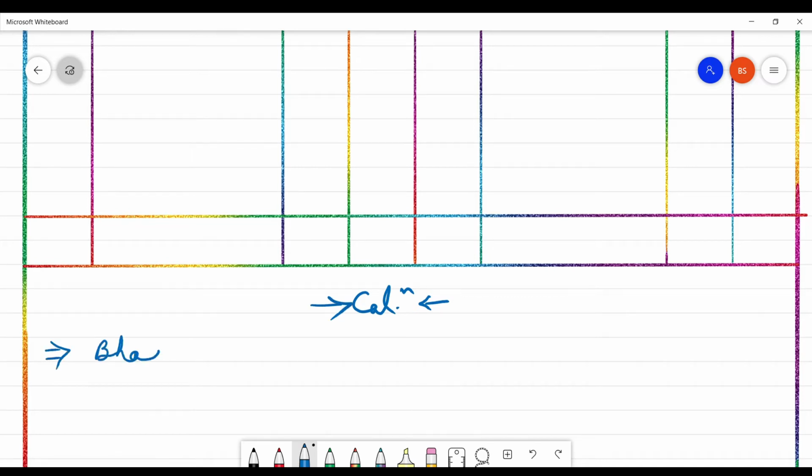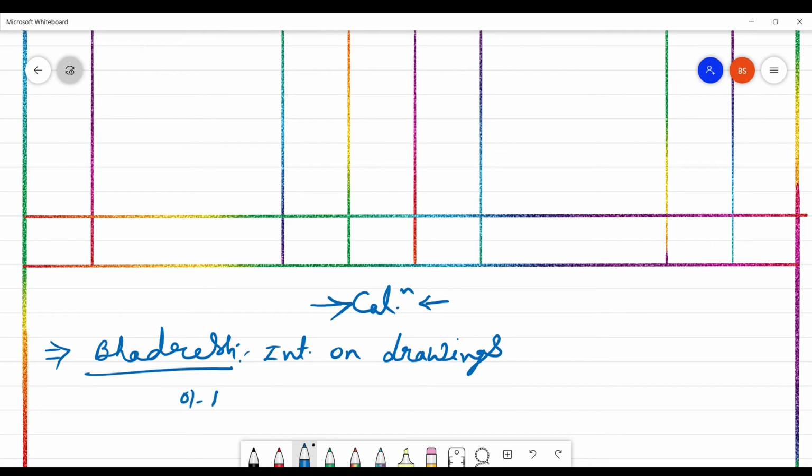Bhadresh, interest on drawings. Bhadresh made drawings as on 1/10/2016 to 31/3/17, which means 6 months.